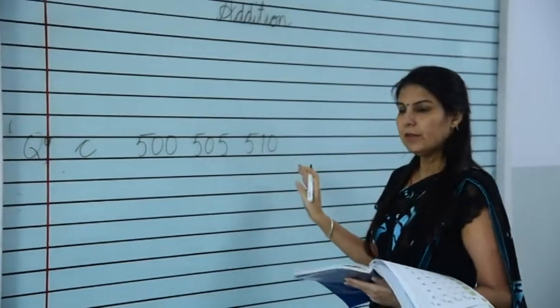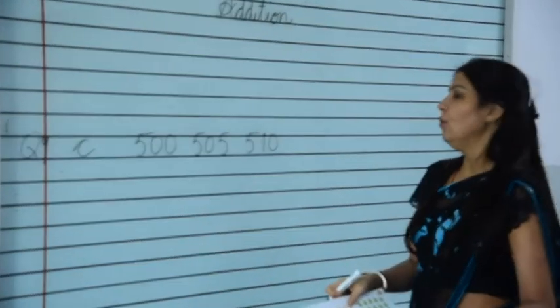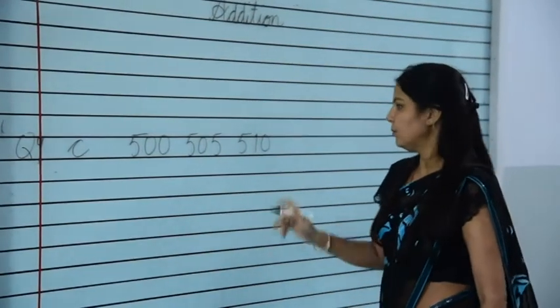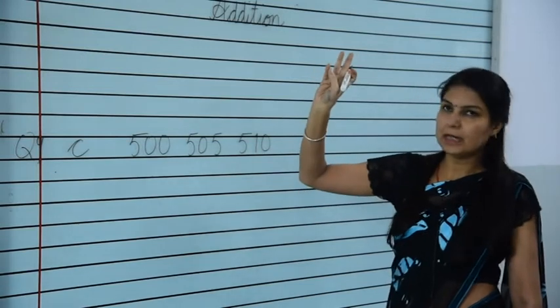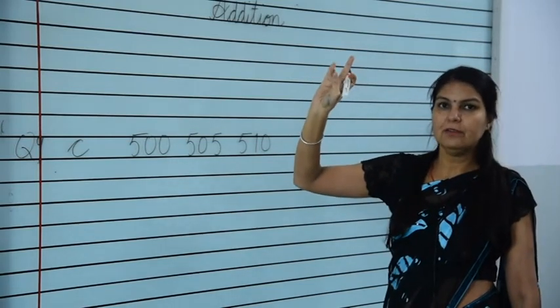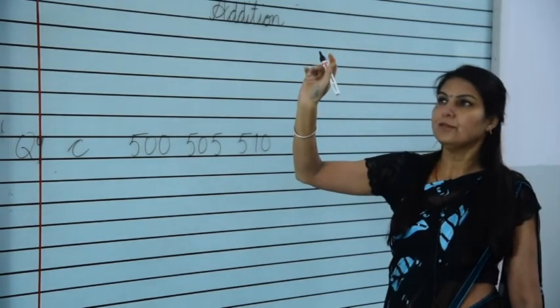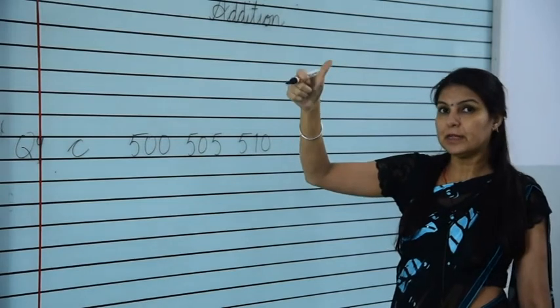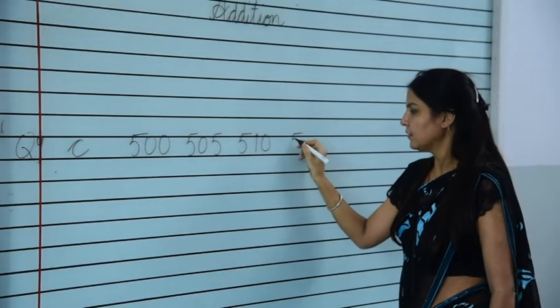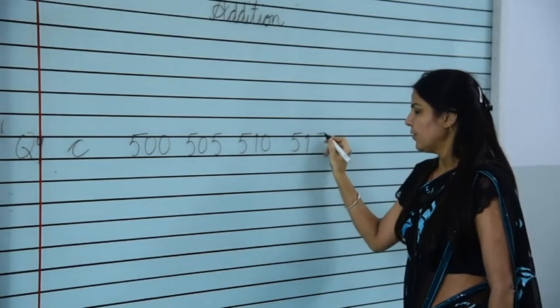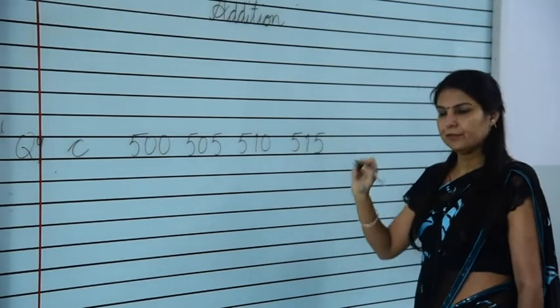These numbers are given. So what we will do now? We will skip 4 numbers after 510. It will be 511, 512, 513, 514. Which number is coming on 5th place? 515 is coming at the 5th place.